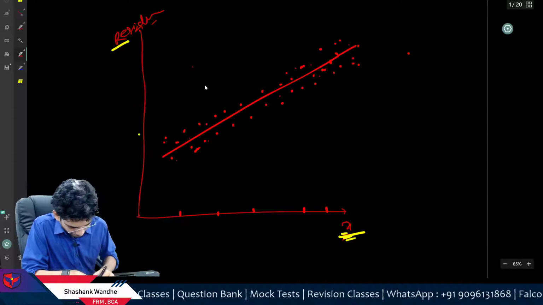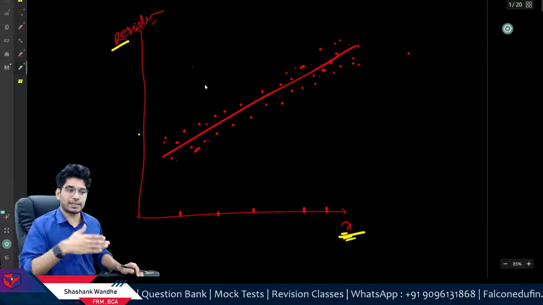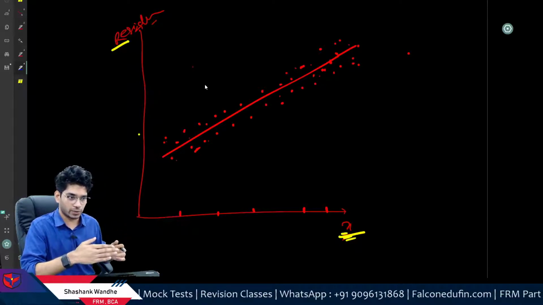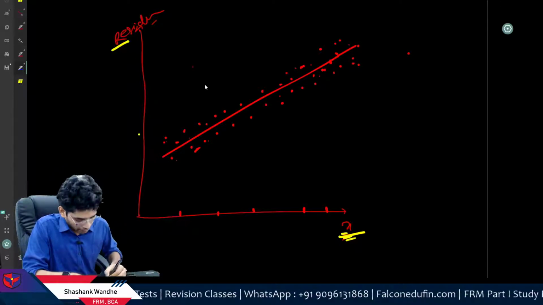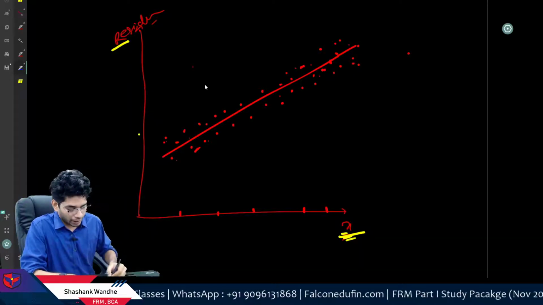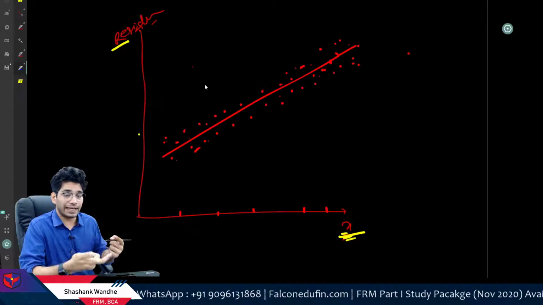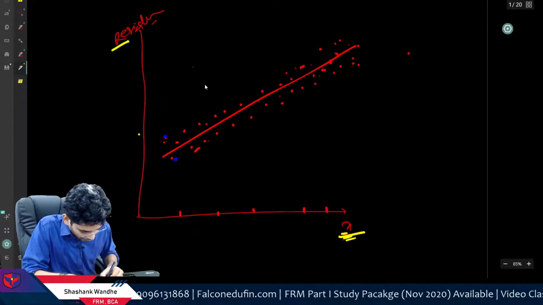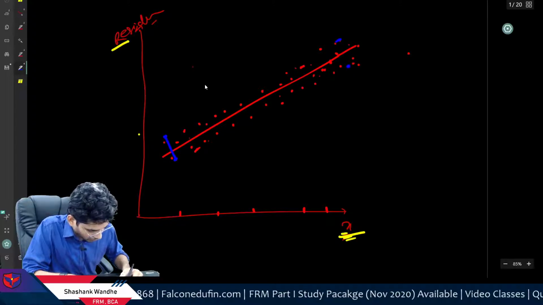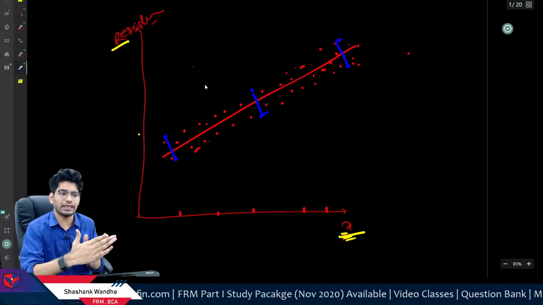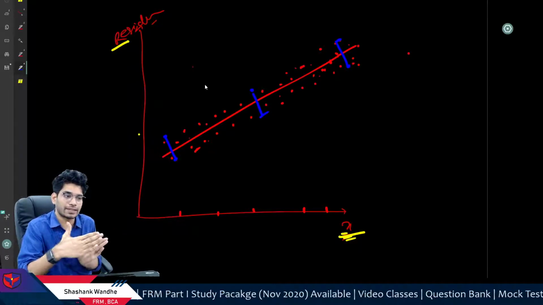So this is your residuals with respect to the independent variables. If you plot residuals against the independent variables and the variance is constant, how do you check that? See here, this is equal to this, and approximately you can see that the spread of your residuals is constant.